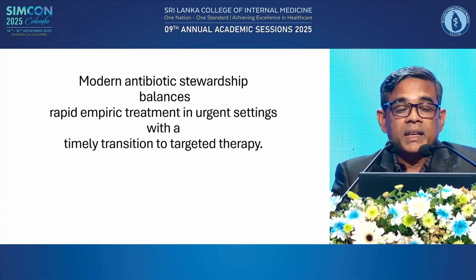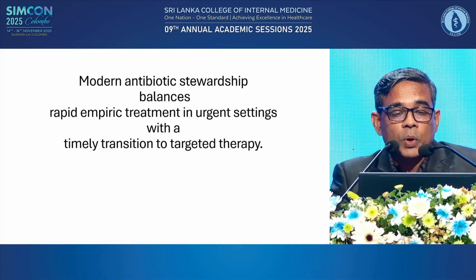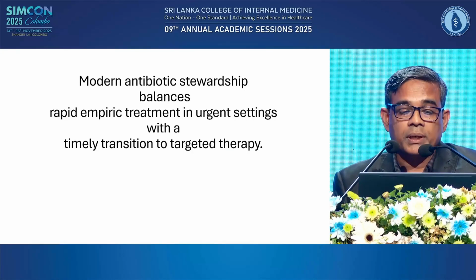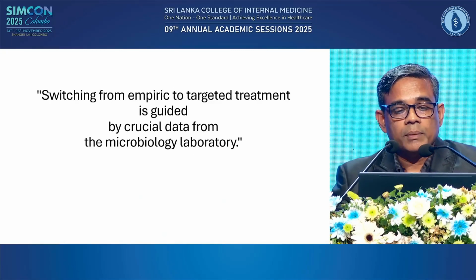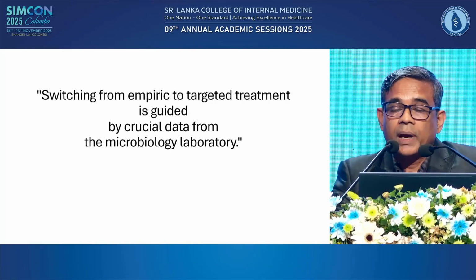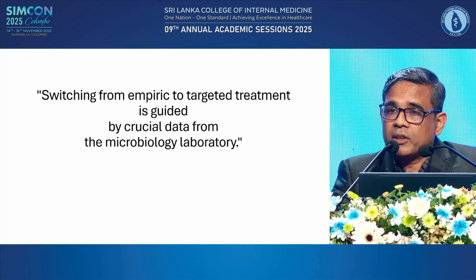All modern antibiotic stewardship programs balance rapid empiric treatment in urgent settings with a timely transition to targeted therapy. Switching from empiric to targeted therapy is guided by crucial data from microbiology laboratories.